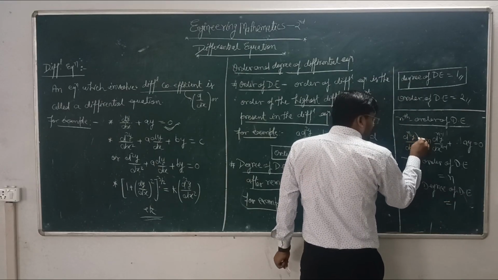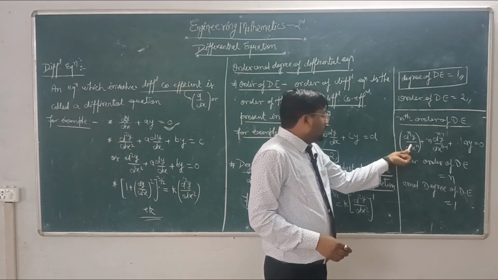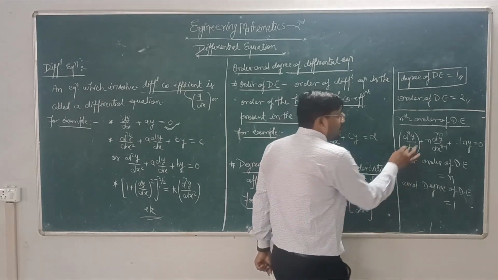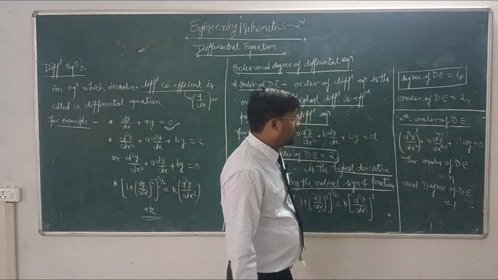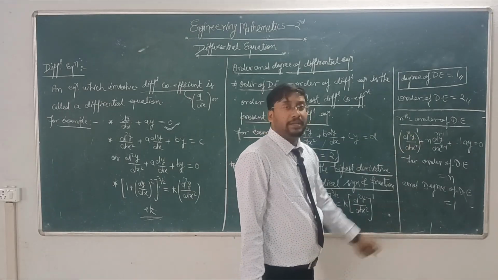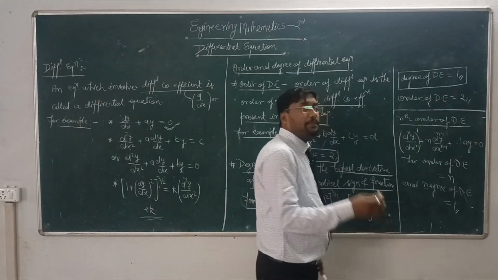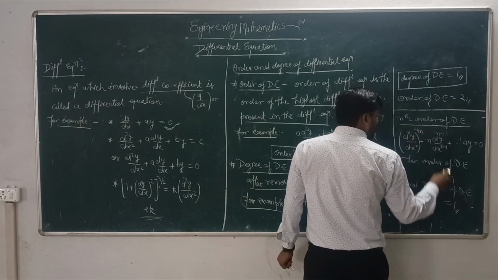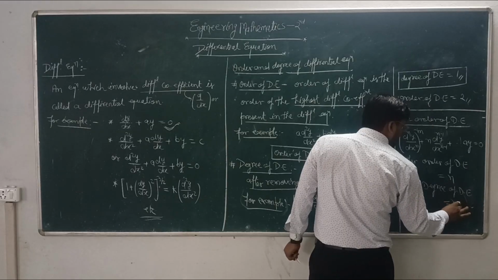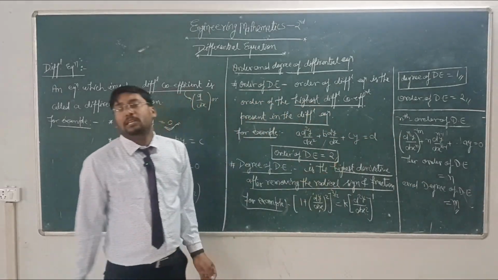You can check, this is the highest differential coefficient and this is the degree. If the power present is any number m, you can write m. M is the degree of the differential equation.